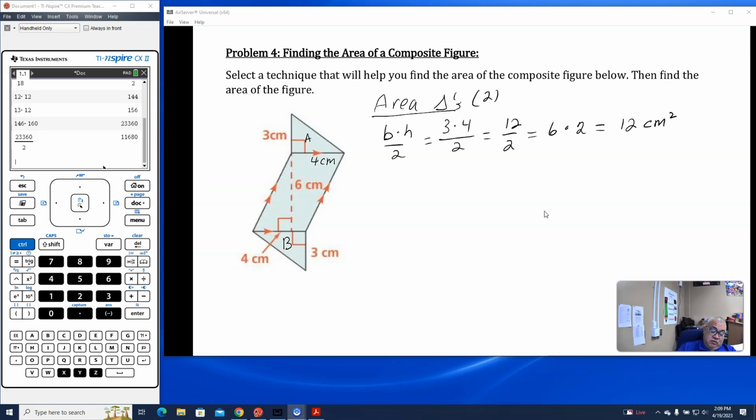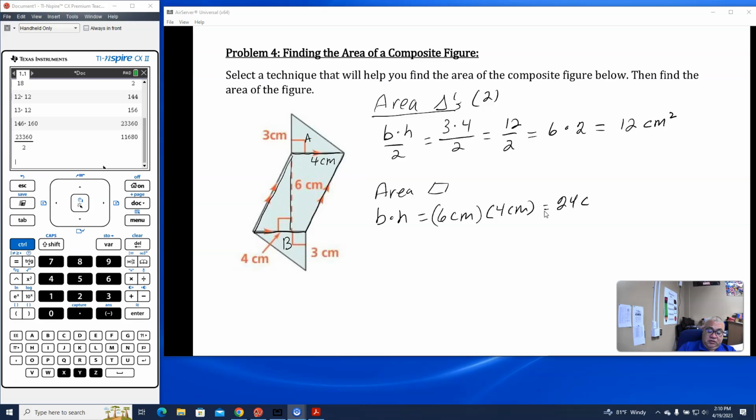Now, the other figure is a parallelogram. And we know that it's going to be the base times the height. So in this case, if we look at the parallelogram like this, we know that the height is 6 centimeters times the base, which is 4 centimeters.